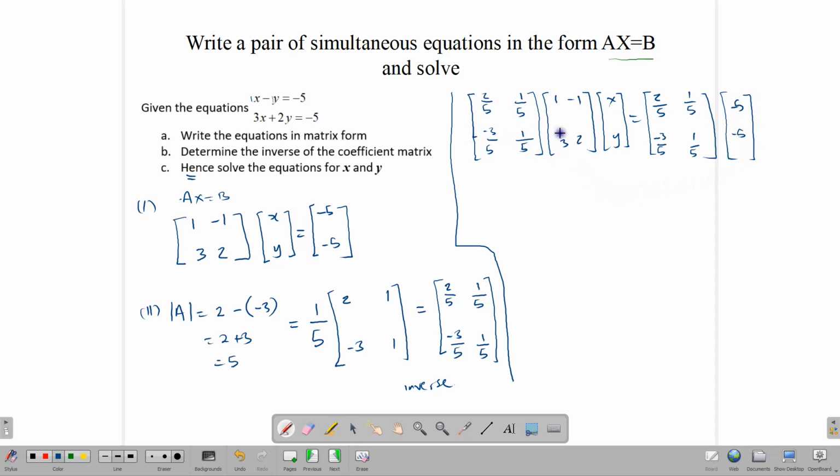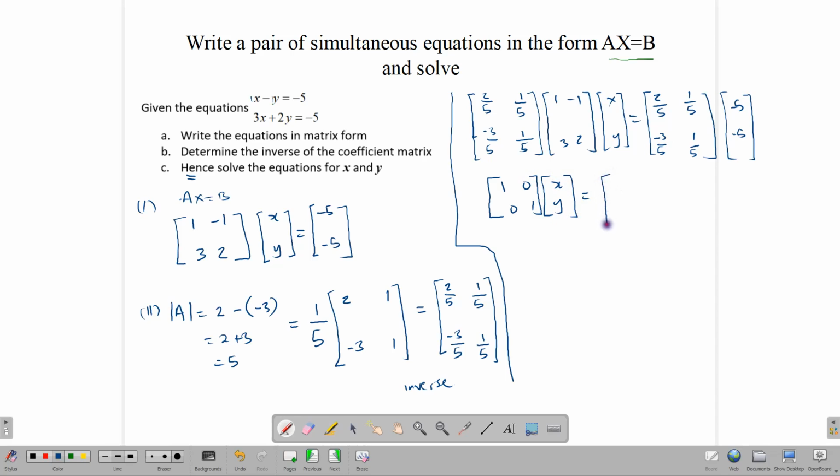So when we do this, what happens? Recall from our previous discussions that if you multiply a matrix by its inverse, what you're going to get is the identity matrix, which is 1, 0, 0, 1. And that times x y would give us this over here.